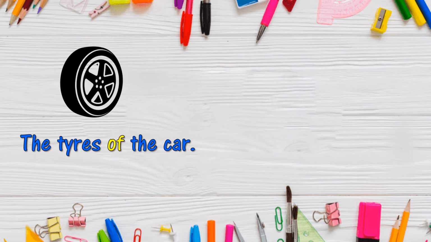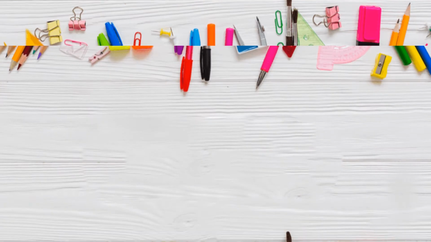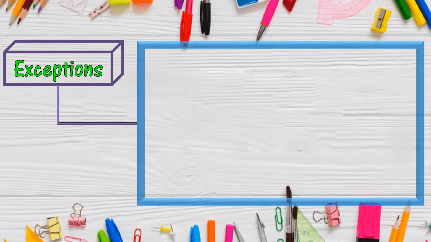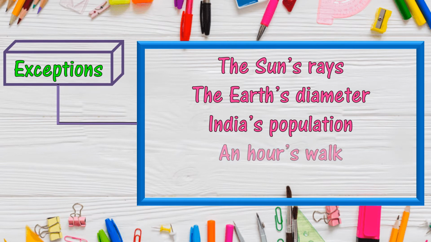We do not say car's tires. The legs of the table. We do not say table's legs. Understood? But there are some exceptions, children. We do say sun's rays, the earth's diameter, India's population, an hour's walk, a month's leave.